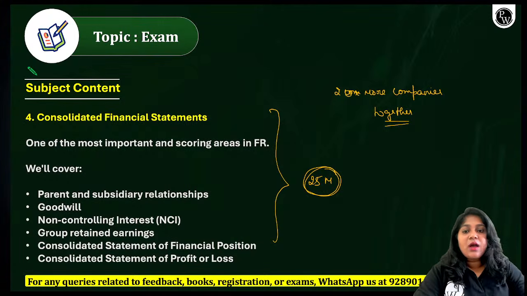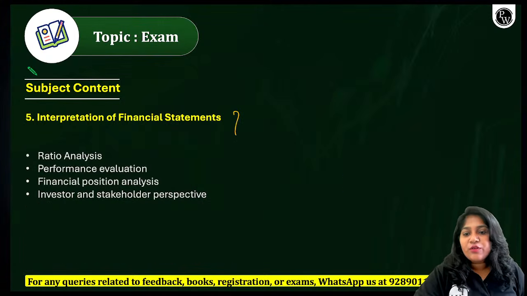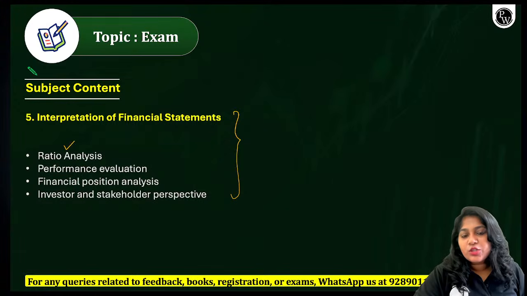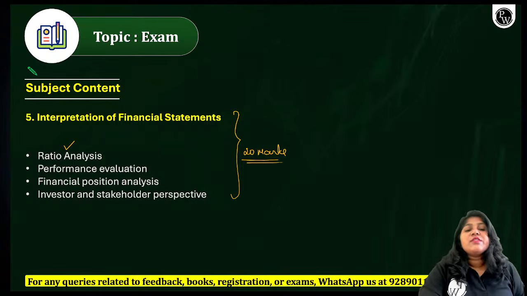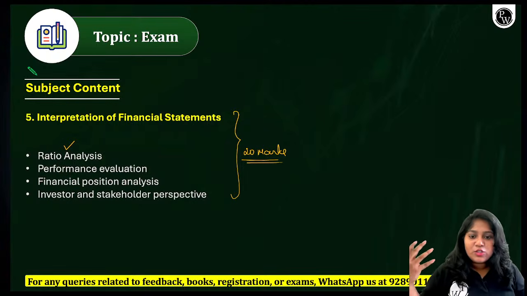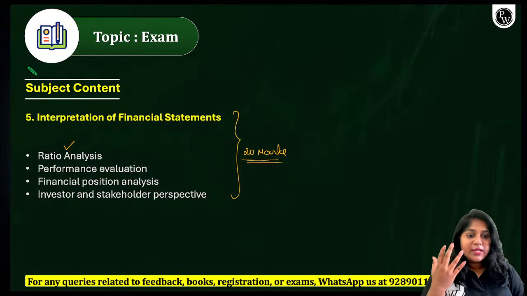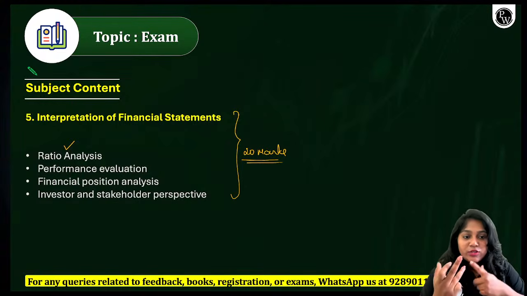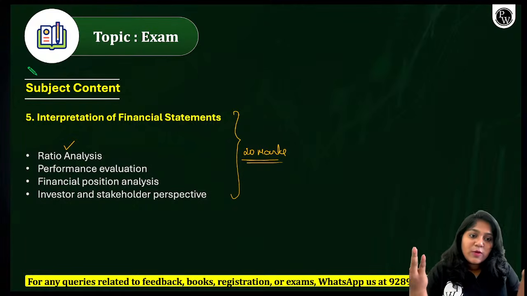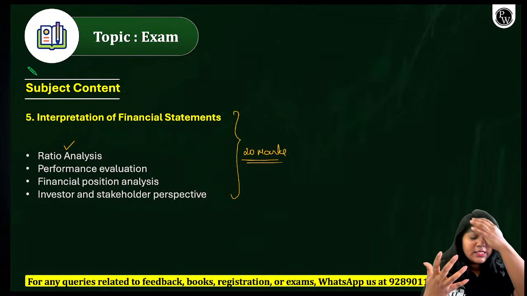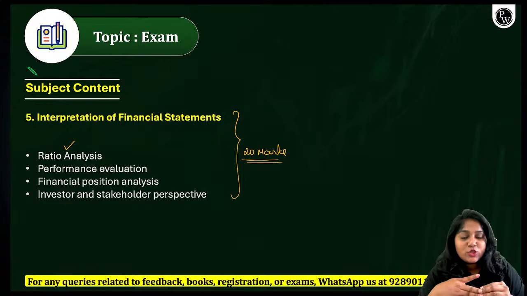Then comes the interpretation of financial statements, which we call ratio analysis. Over the period, I have seen ratio analysis definitely coming in section C. But I would like to stand by what I told you at the beginning. In section C, you are expected to have either single entity, that is one company's financial statements, or consolidation, where parent and its subsidiaries' financial statements are involved, or else ratio analysis.